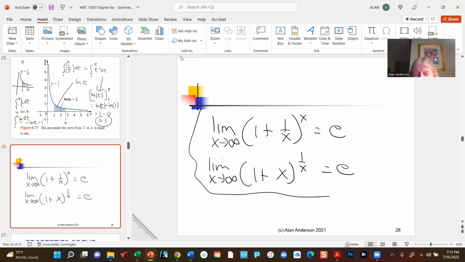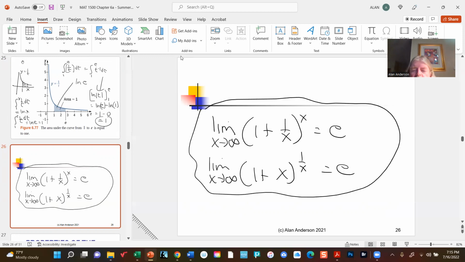So here we go. e can be defined in multiple ways, but this is one that's going to prove to be very, very useful in the next section of this chapter. In particular, it'll help us when we start looking at interest rates and how to calculate, for example, how much an investment will be worth in the future. So in that case, the limit definition is going to come in very handy. But this is where e is actually defined, at least in terms of limits.